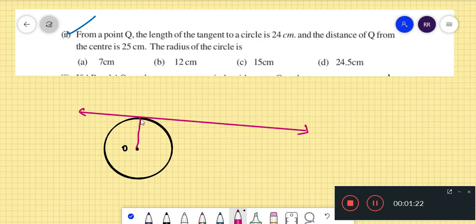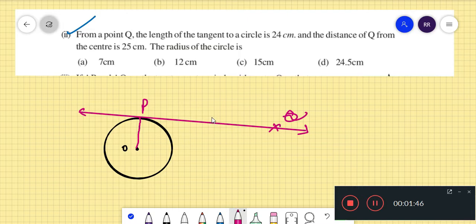This is point P. From a point Q, the length of the tangent. The length of the tangent means from this point to this point of contact.